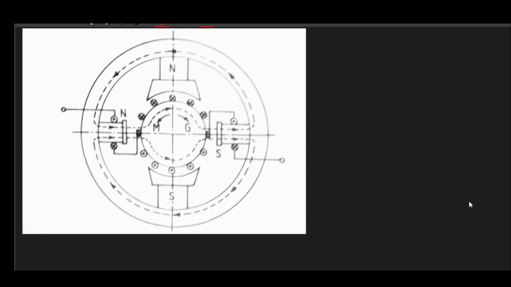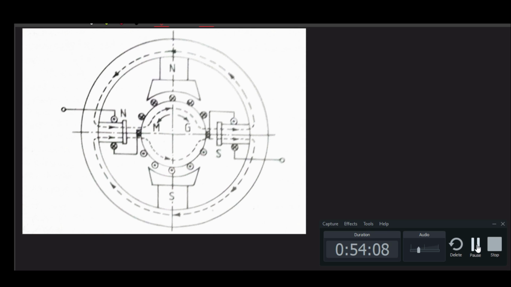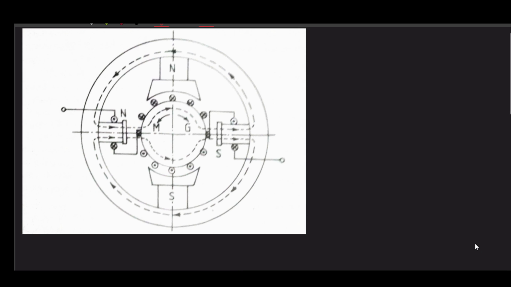So in order to provide a feasible solution, you need to think about something that can produce the same effect without doing that kind of brush shift. So we introduce a concept known as the interpole. What is the purpose of introducing this interpole?